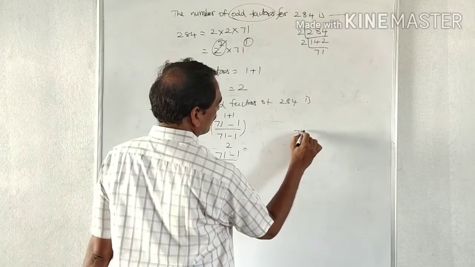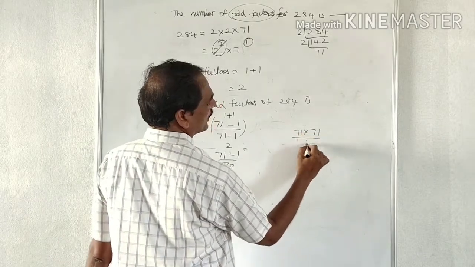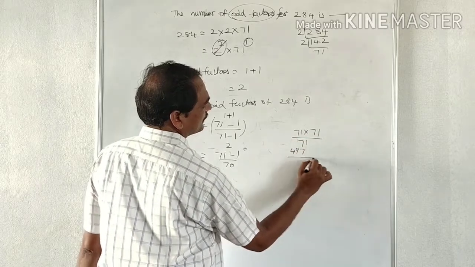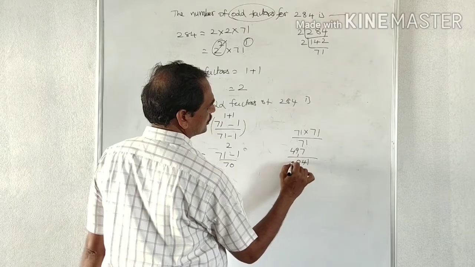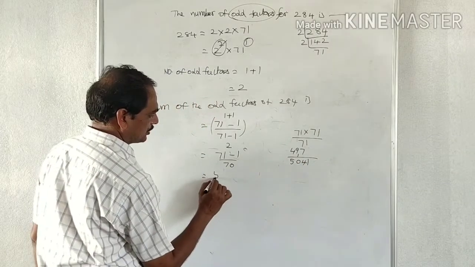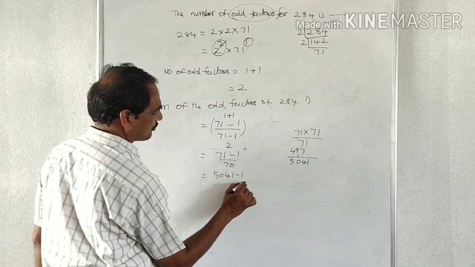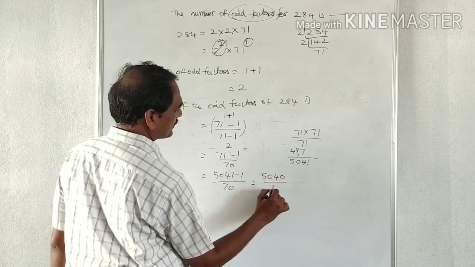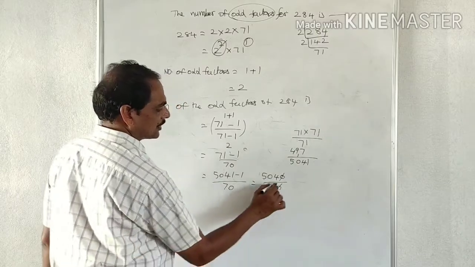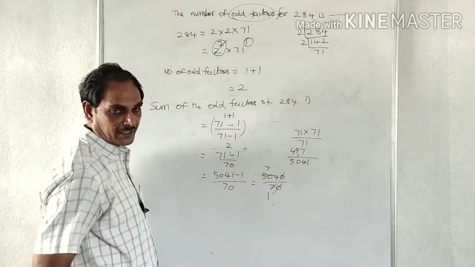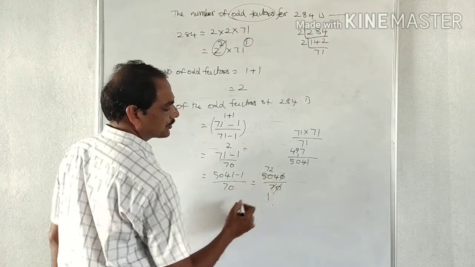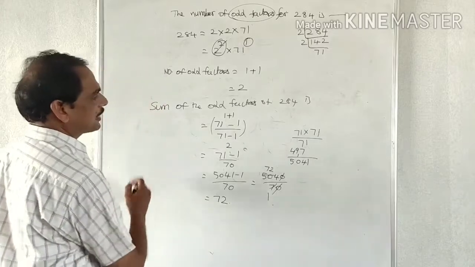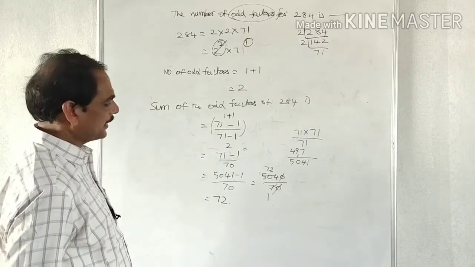Now 71 into 71 is 5041. That is 5041 minus 1 by 70, which is 5040 by 70. The zeros cancel, 7 1s are 7, 7 7s are 49, and 7 2s are 14, so 72. So this is the sum of the odd factors of 284.